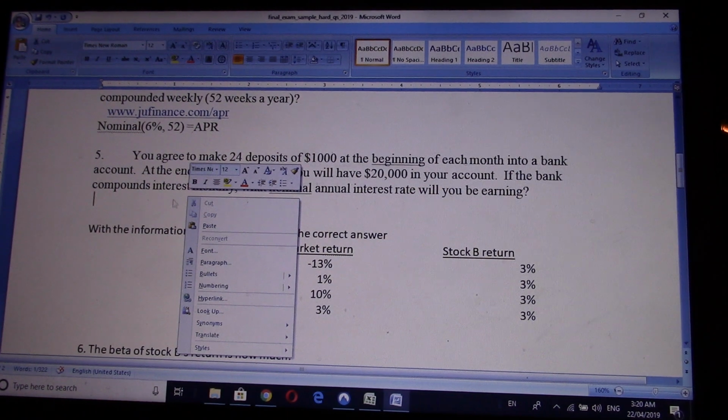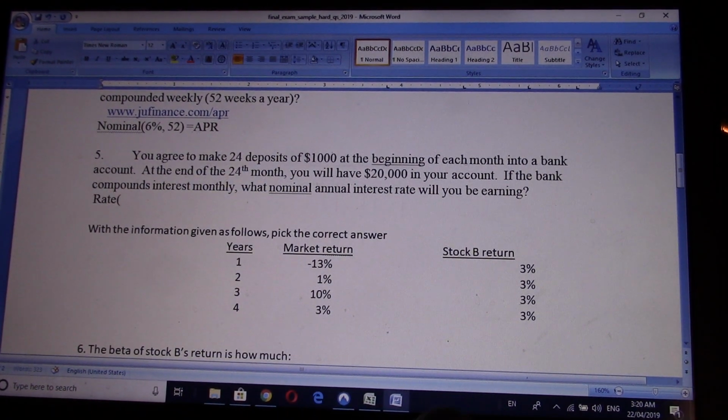In this case, if you use the rate function, this is the interest rate we want to find. 24 is NPER, and the $1,000 is your PMT, PV is 0, and future value is negative 20,000.